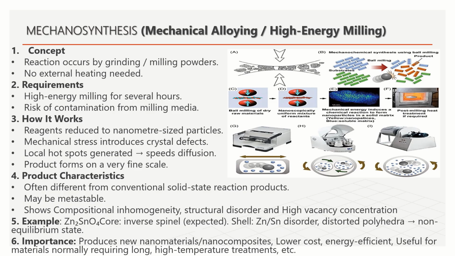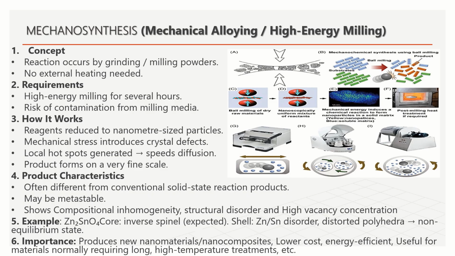So for the next discussion, till now, we saw that solid state reactions, including mechanosynthesis, have a big problem. Even if we mix powders very well, they are not mixed at the atomic level as discussed earlier, and atomic level mixing is essential for a fast, clean, uniform reaction.